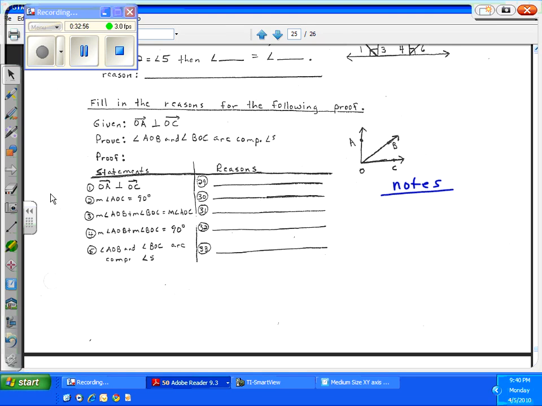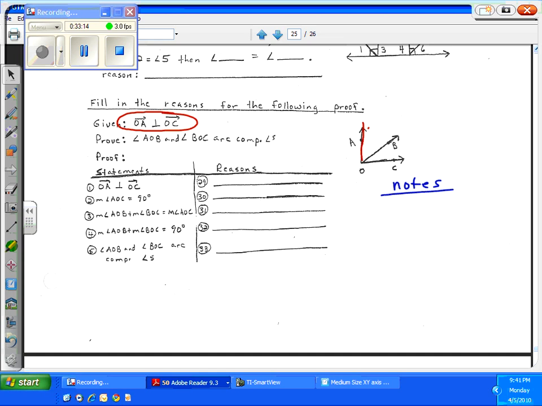We're going to give reasons in a proof. If we are, then we need to create a note section. We're going to write the given proof, put the statements on the left, reasons on the right, draw the diagrams, create a note section. That's done.